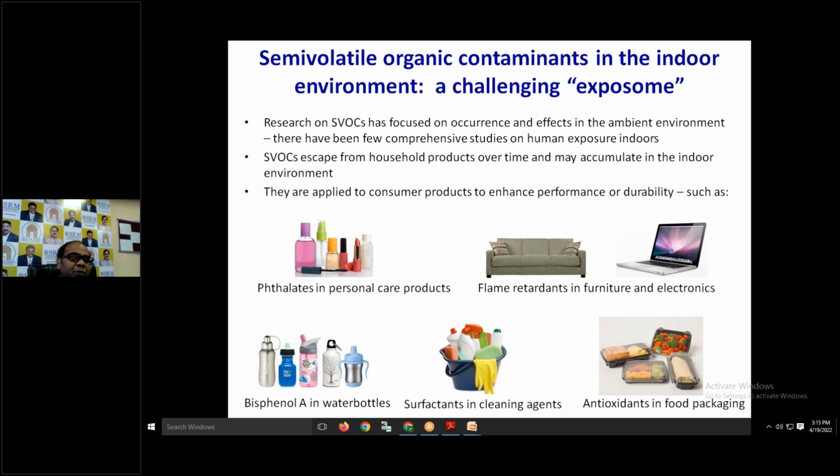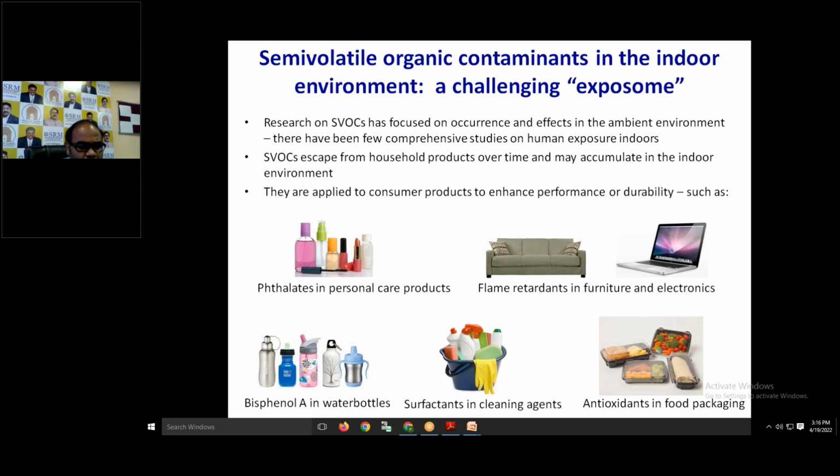If it is semi-volatile, it's very hard to find their presence, right? It is very difficult to find their presence. So as you can see here, research on SBOCs has focused on occurrence and effects in the ambient environment, and there have been few comprehensive studies on human exposure indoors.